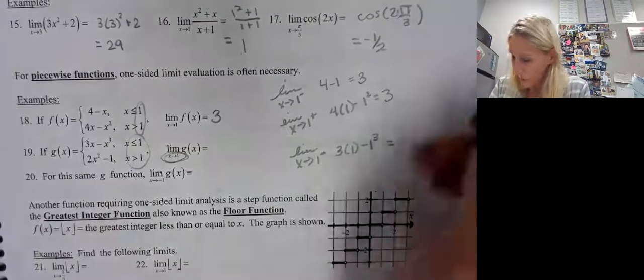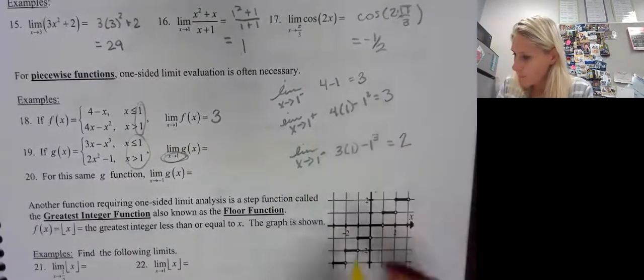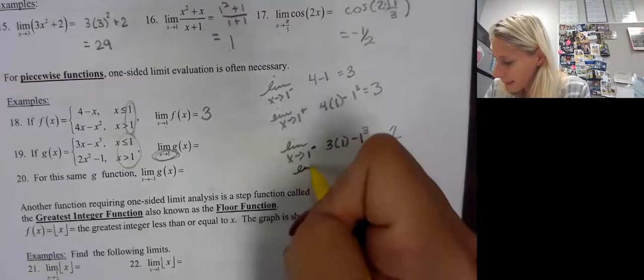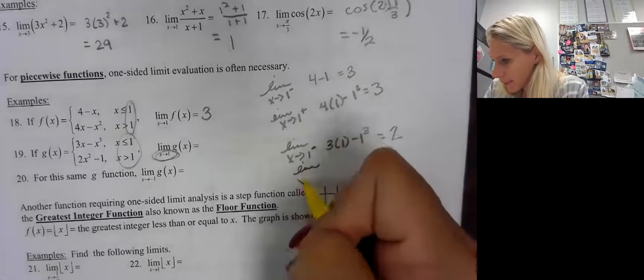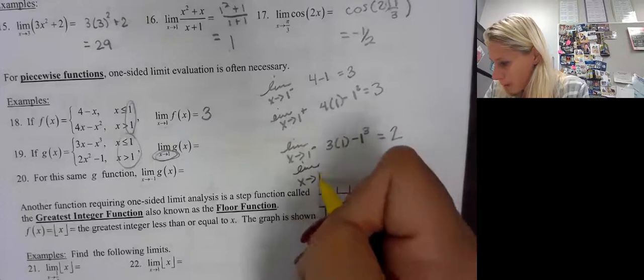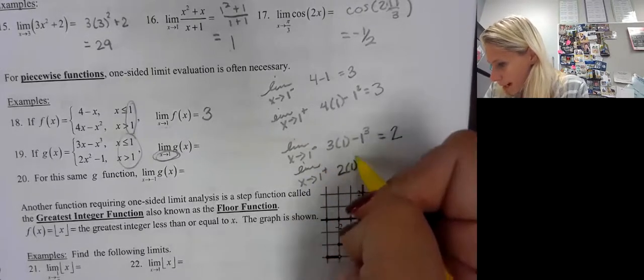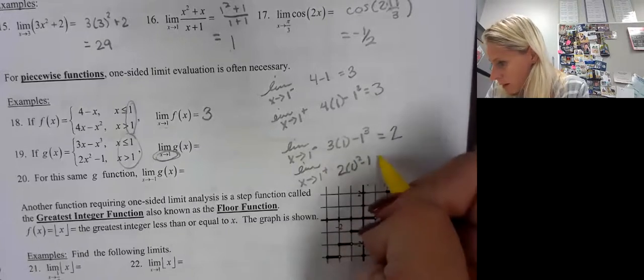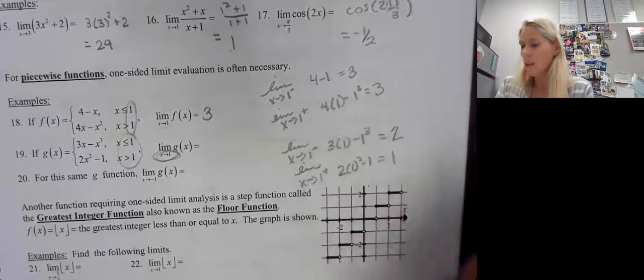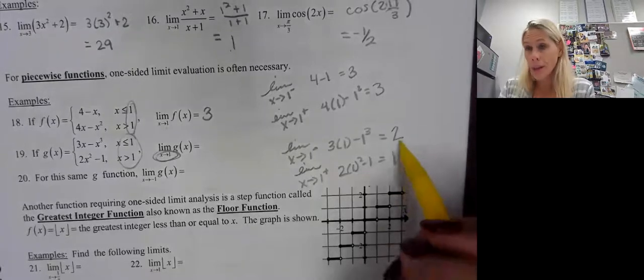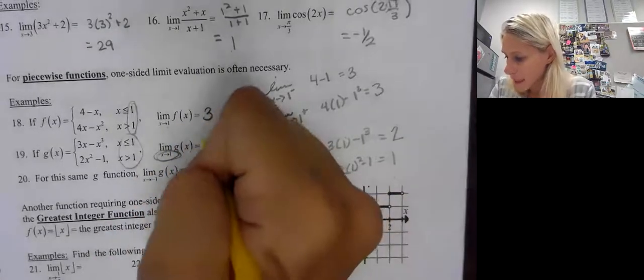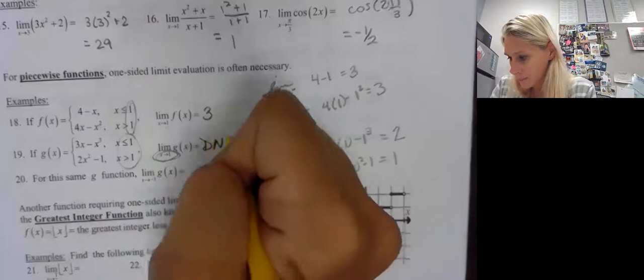So we get the value of 2. Now I'm going to test from the right side, which is limit as x approaches 1 from the right. We get 2 times 1 squared minus 1 equals 1. Since these two do not equal the same, this limit does not exist.